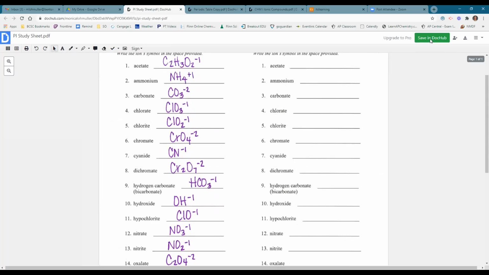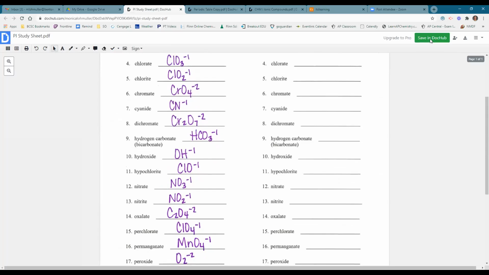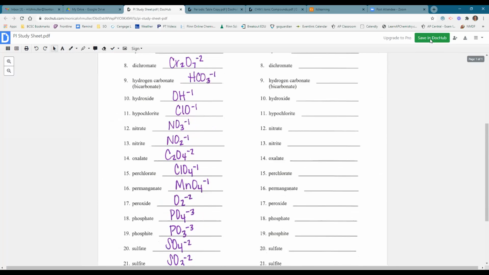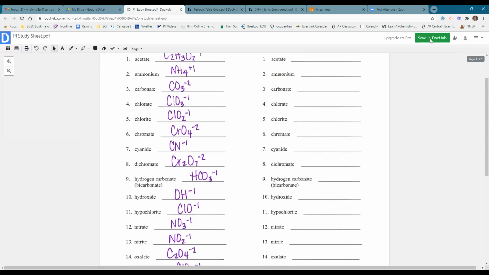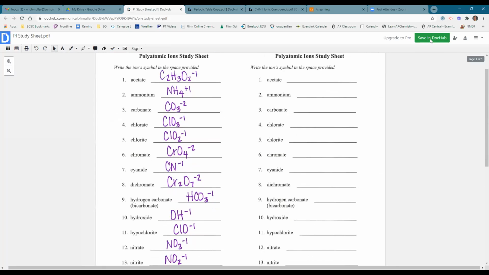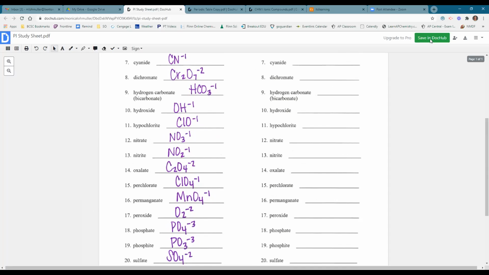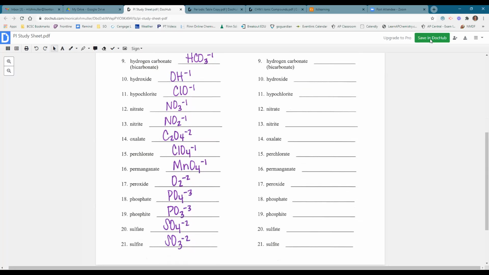So if you can print this off, you can. If you want to just write it down somewhere, or know where it is so that you can open up the tab, it's important to know that. So when you see something with multiple letters, instead of using sulfur and oxygen, you would use the term sulfate, like that, okay? So having this will be very important.